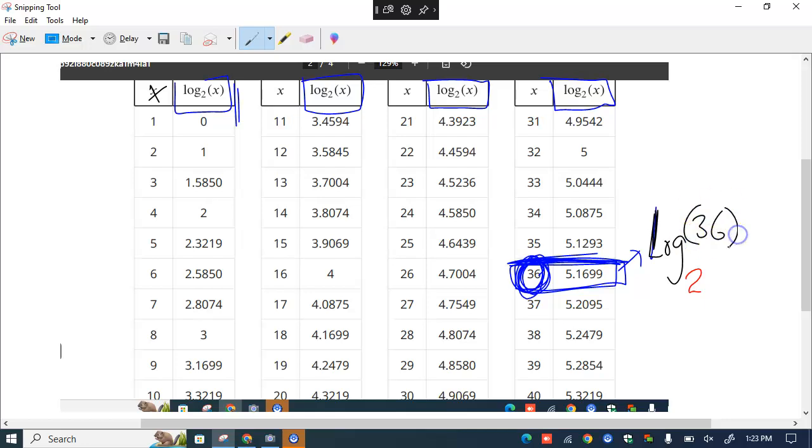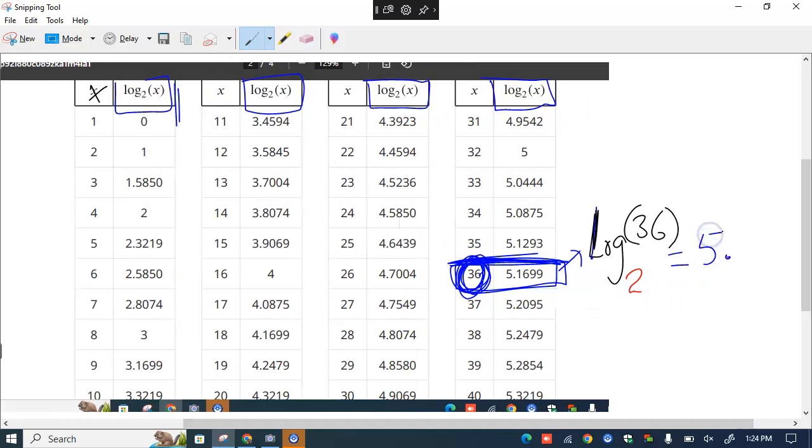And the answer is 5.1699. To interpret this, the exponent 5.1699, when the base 2 is raised to it, gives the black 36.